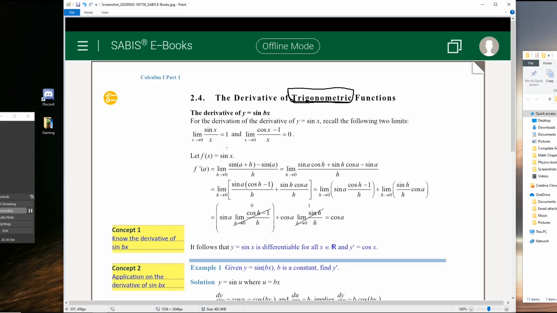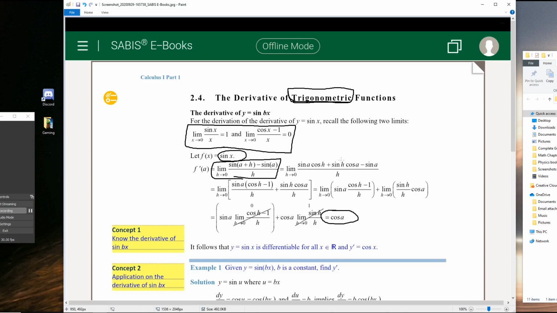Here they are saying that they'll be using these tools to prove that the derivative of sine x is cosine x. They're using the formal definition of the derivative that we talked about in the beginning, and the sine of an angle plus an angle.